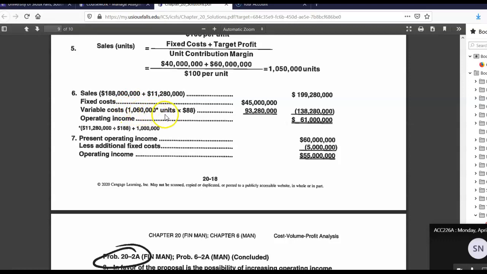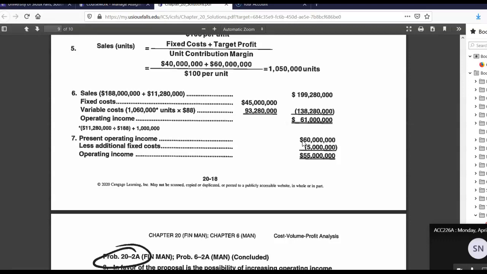So the variable costs need to reflect a million units plus another 60,000 units, all at that same $88 price, for a total of 93,280,000. Now our operating income is 61 million. Compared to, if you look in the book, if we only did the million units, we were making 60 million.